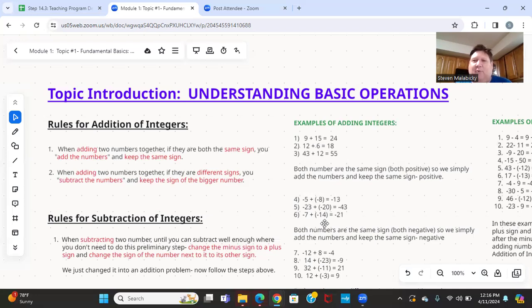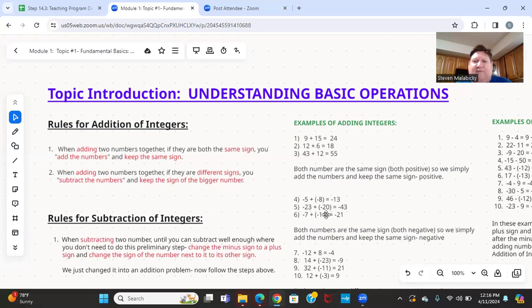Okay, so we're adding two numbers with the same sign, both negative. And what you do is you just add the numbers and keep the same sign. So -5 plus -8, we're going to add the 5 and 8, which is 13, but we keep the negative sign with it, so it's -13.